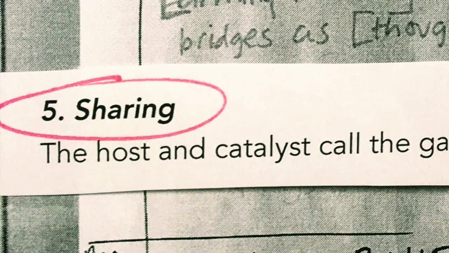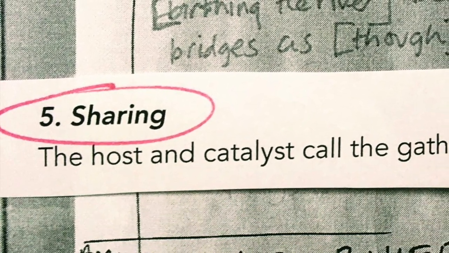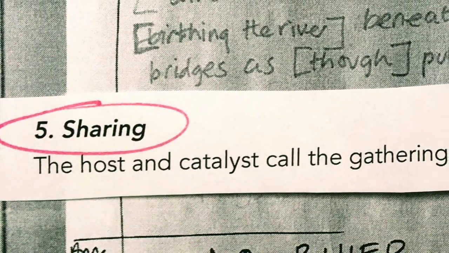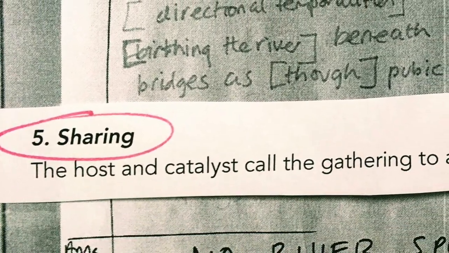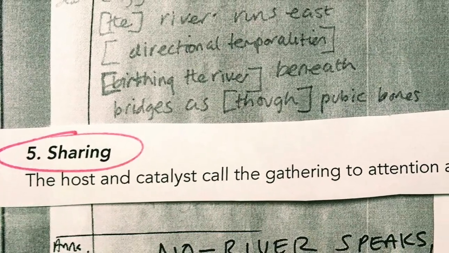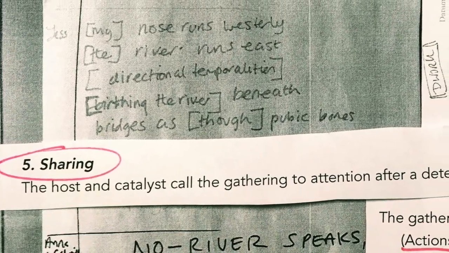Phase 5 then is where we are all summoned back together. The host will summon everybody back into each other's attention after a determined period of time. And we will all be invited to read aloud and listen to each other's writing. And usually, again, silence plays a role here.